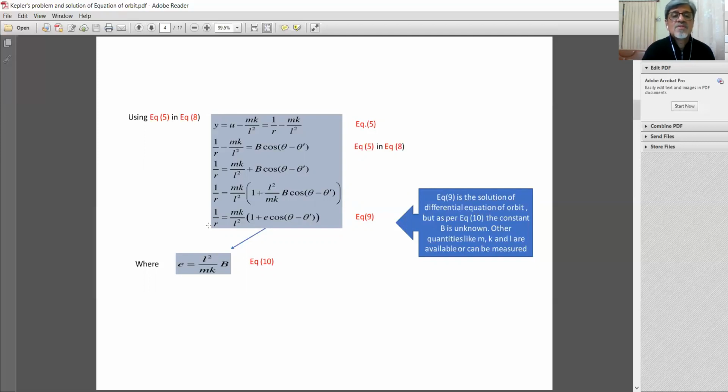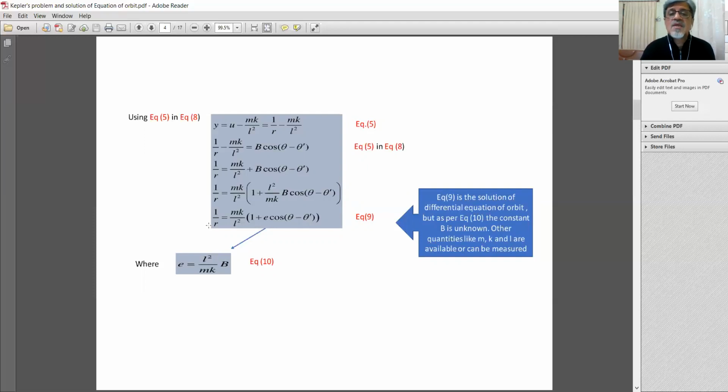So it is 1 plus L square divided by mk b cos(theta minus theta prime). And ultimately that becomes 1 upon r equal to mk divided by L square into 1 plus e cos(theta minus theta prime), and e is some constant. And we represent e as equal to L square divided by mk b.